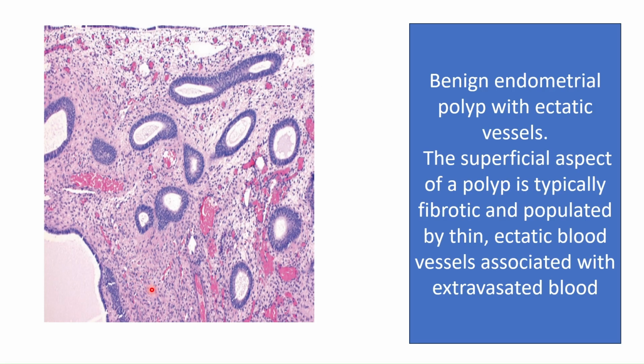So extravasated RBCs means they are scatteredly seen in between the stromal tissue. And these are the glands showing proliferative activity, and here we can appreciate fibrotic stroma. So this is an example of ectatic vessels in benign endometrial polyp.